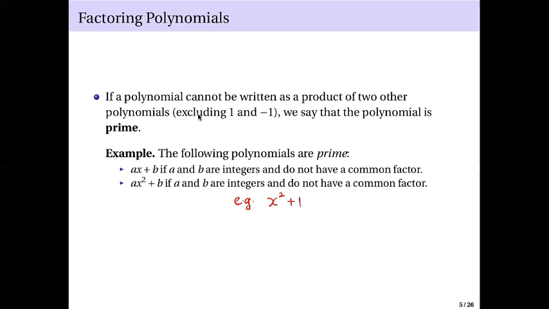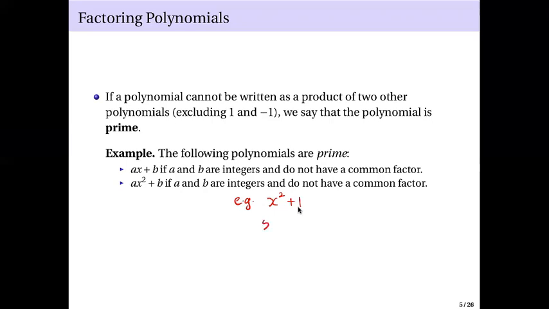But take note of this, excluding 1 and negative 1, okay? So we will consider this to be prime. 1 and 1, their common factor only is 1. But we don't consider that, okay? So in here, this is prime.